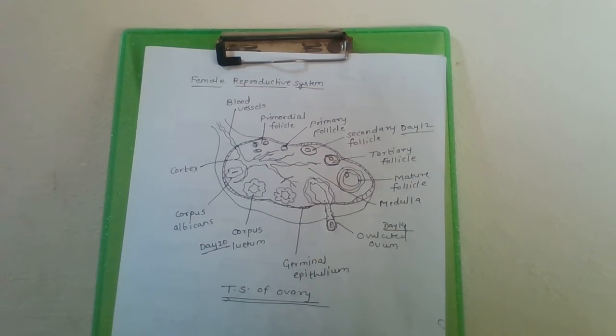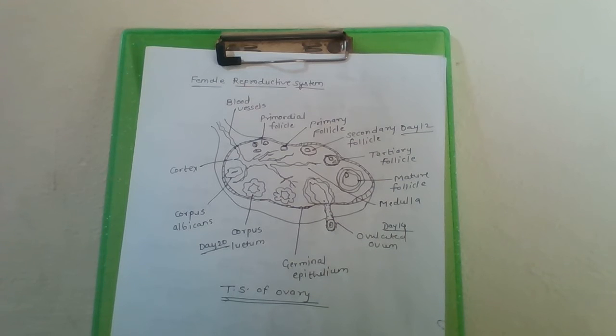The cells of germinal epithelium give rise to groups of oogonia projecting into the cortex in the form of cords called egg tubes of Pflüger. Each cord at its end has a round mass of oogonial cells called egg nest from which the primordial ovarian follicles develop.